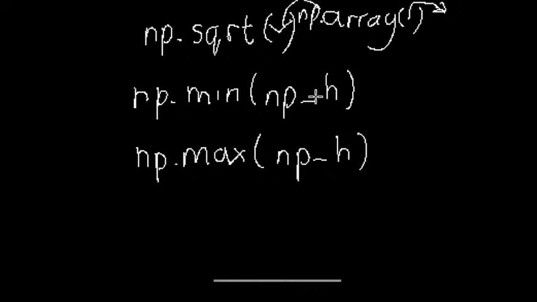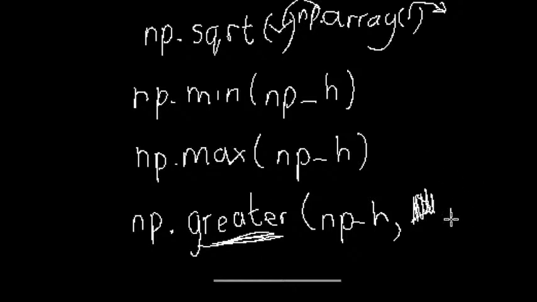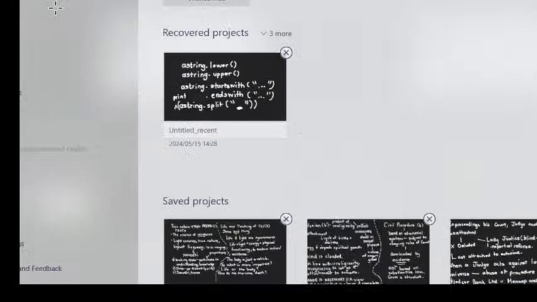We also can do logical operations, in other words, like check booleans. So we would say np.greater, and then we want to see if NPH is greater than, sorry, not no greater than. So greater is the keyword here, np.greater, and then np weight, and it's going to basically compare the two and determine if true or false.